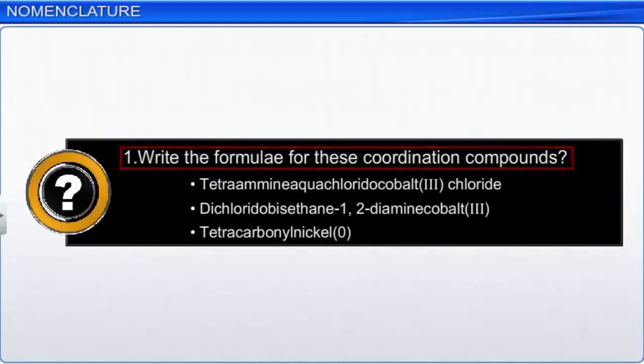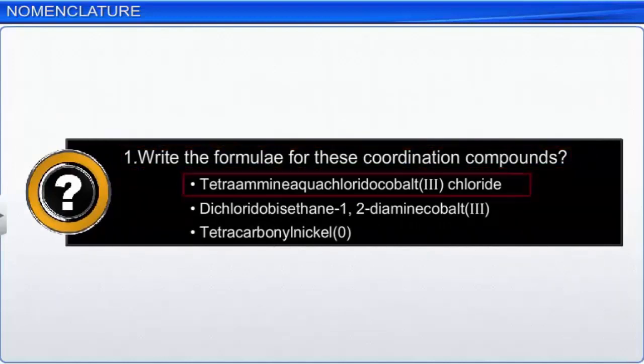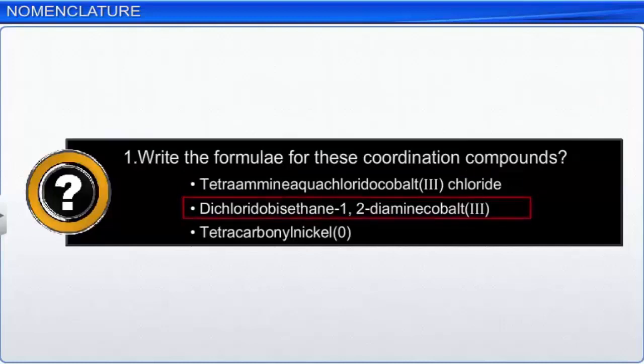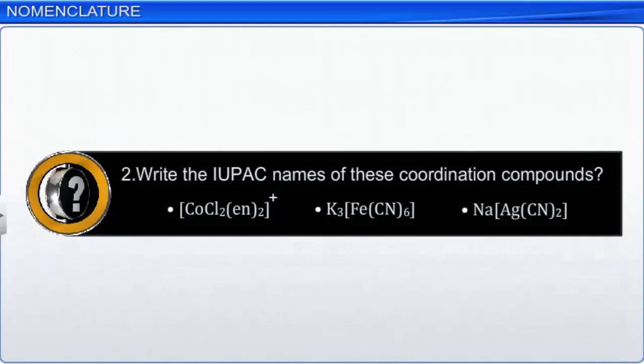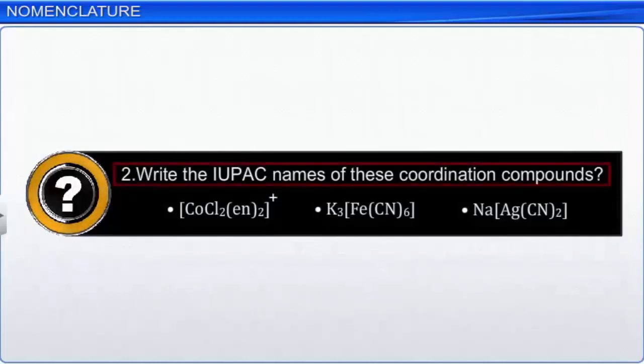Tetraammineaquachloridocobalt(III) chloride. Dichloridobis(ethane-1,2-diamine)cobalt(III). Tetracarbonylnickel(0). Question 2. Write the IUPAC names of these coordination compounds.